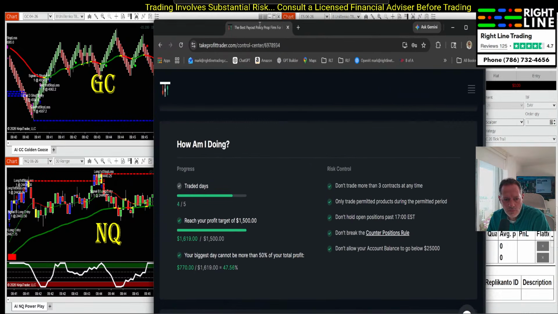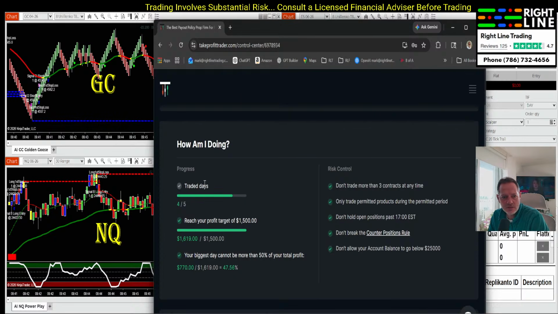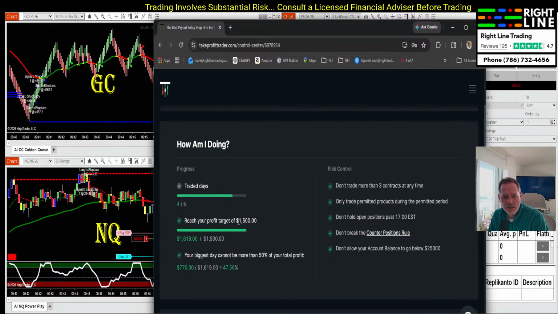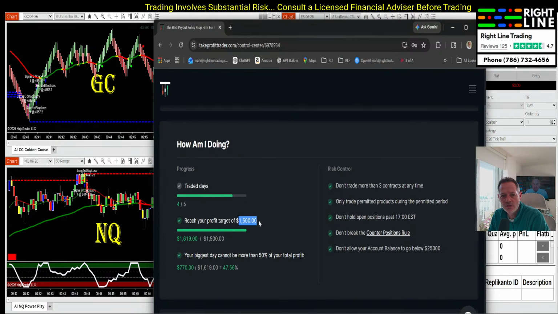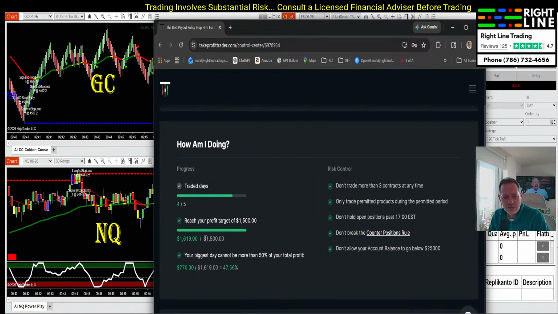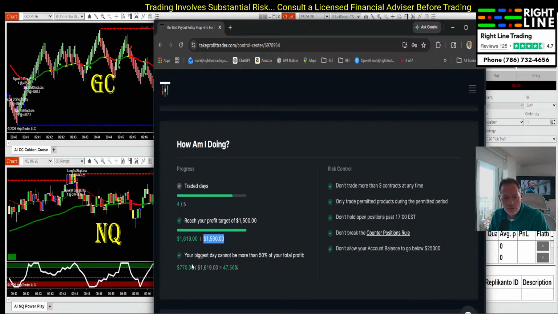These are the Take Profit Trader accounts that I'm trading. They're $25,000 accounts. They cost $90 if you have a promo code from somebody, and it's a 5-day evaluation. The good news is they still give you a $1,500 drawdown. Apex switched theirs to 1,000, so that extra 500 is really helpful. Your goal is to get 1,500 in your account balance, and the one major rule is the 50% consistency.